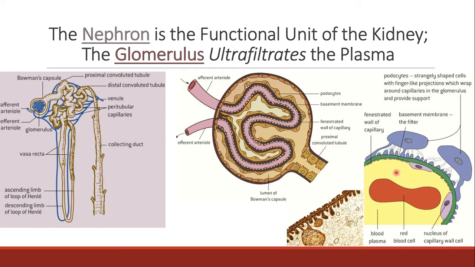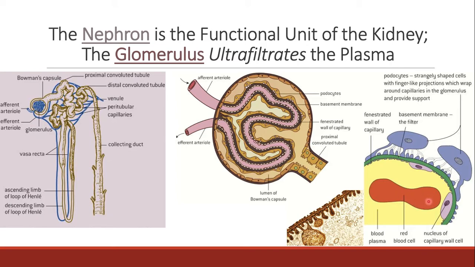Here's another kind of picture of it. You can kind of see like there's little gaps in between the capillary cells, which allows stuff to go through. And then these are the podocytes, which wrap around the glomerulus, and stuff has to fit in between them too. So in this case, here we are in the glomerulus, in the capillary. This is a red blood cell, kind of side profile.